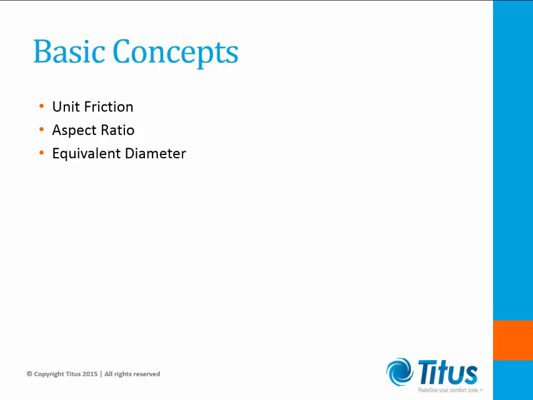Equivalent diameter is defined as the diameter of a round duct that has an equal resistance to flow for equal flow and length. For example, a 10-inch by 10-inch duct would have the same friction loss as a 10.9-inch round duct, or would have an equivalent duct diameter of 10.9 inches.